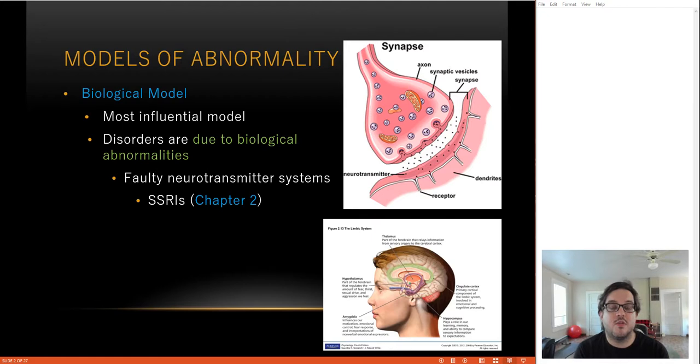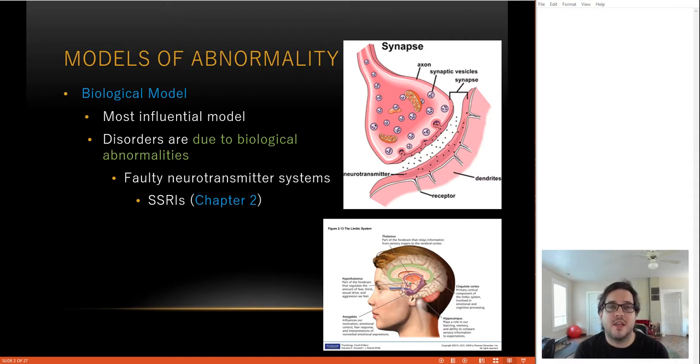Now this is useful for things like depressive disorders, which we'll talk about in a bit, as well as anxiety disorders. Many anxiety disorders, when you look up close, can be, if not caused by, symptomatic of a lack of neurotransmitter serotonin within this synapse.